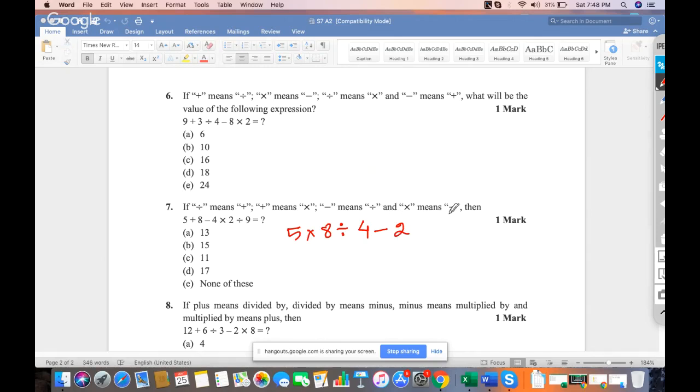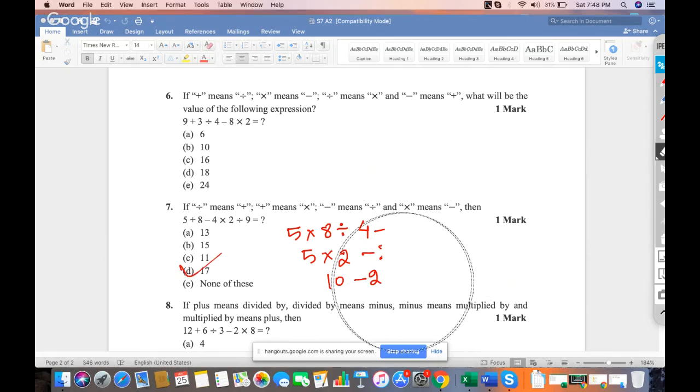And division means plus, so this is 9. So 5 into 8 divided by 4 is 2, minus 2 plus 9. 5 into 2 is 10. 10 minus 2 plus 9 is equal to 19 minus 2, that is equal to 17. So answer is D over here.